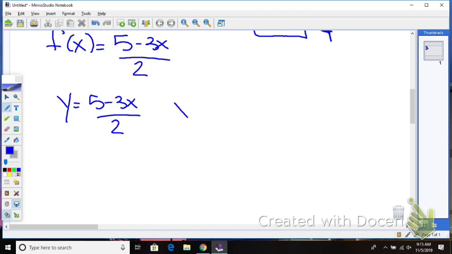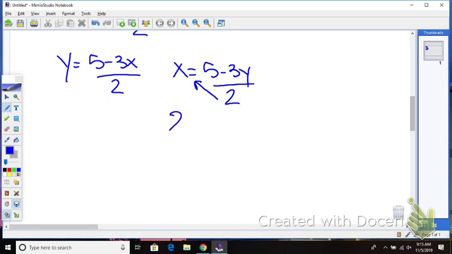So now I've got x equals 5 minus 3y all divided by 2. And then step 2, solve for y. So to solve for y, I need to get this 2 off the bottom. What am I going to do with the 2? Okay, multiply by the reciprocal, or just cross multiply it up. So I have 2x equals 5 minus 3y, and you guys finish this problem.